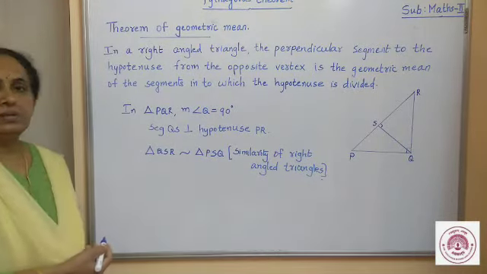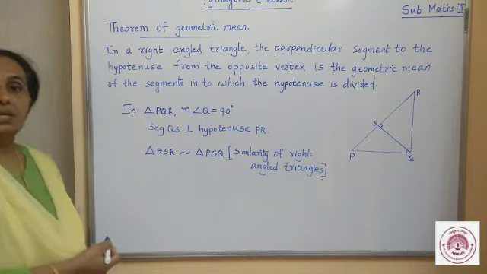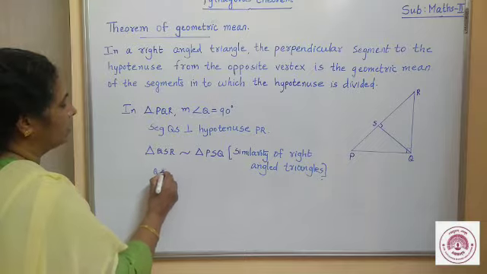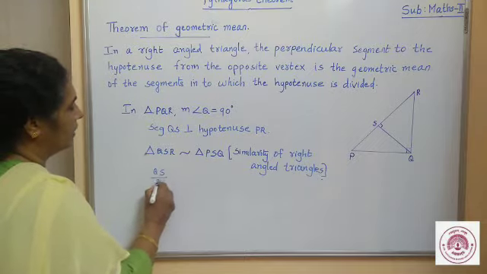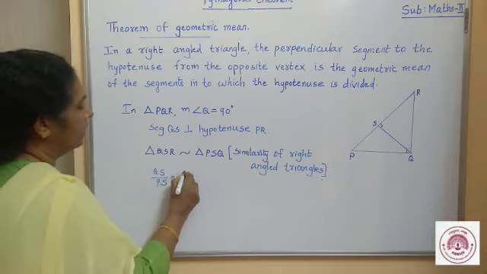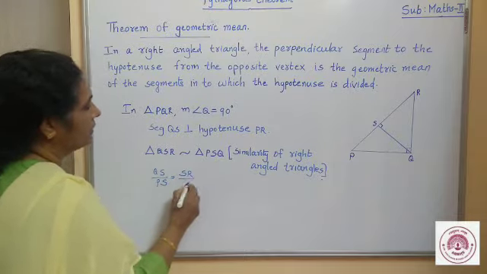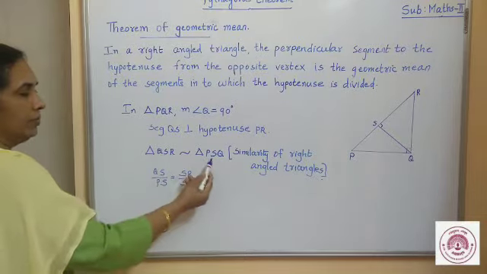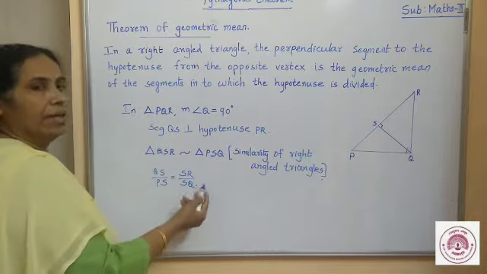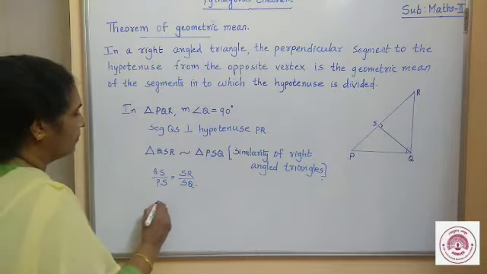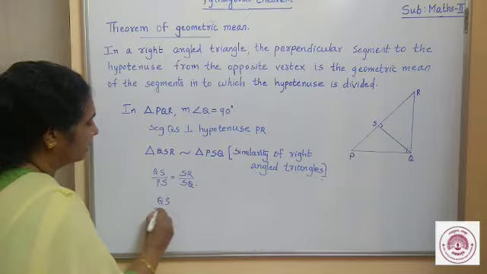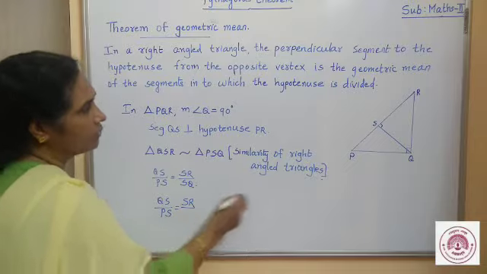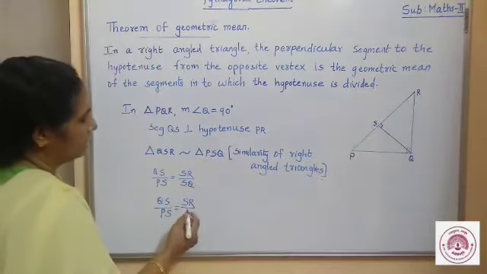If two triangles are similar, then the sides are in proportion. So here we can write QS upon PS is equal to SR upon SQ. So this can be written as QS upon PS is equal to SR upon QS.